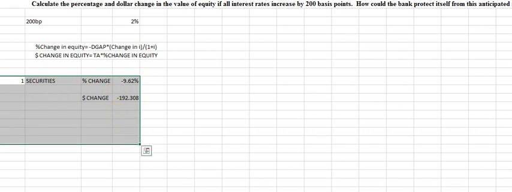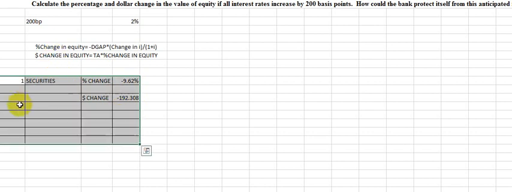Okay, now let's move to the second asset, which is loans. Again, as for the percentage change, it's equal to minus duration for loans. The duration for loans is 5 years. It's 4 years, excuse me.